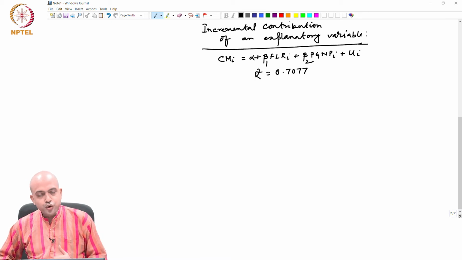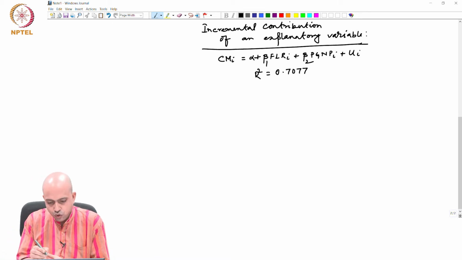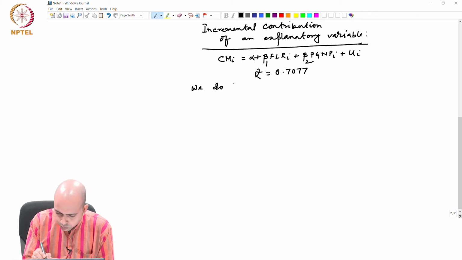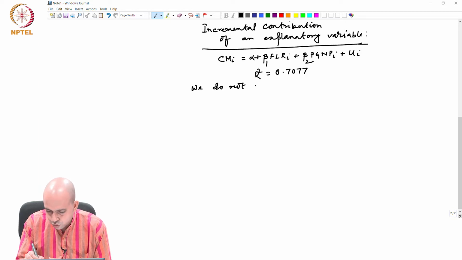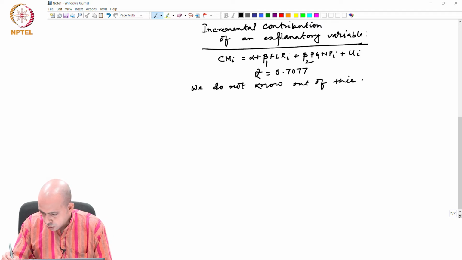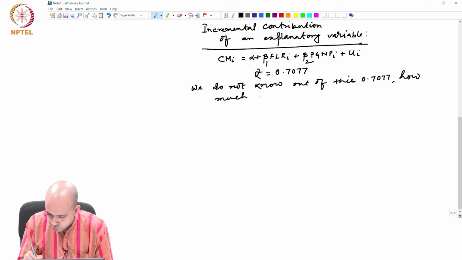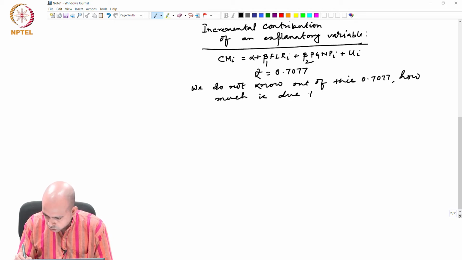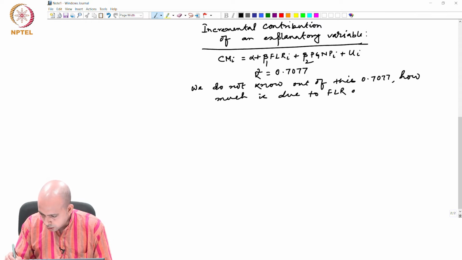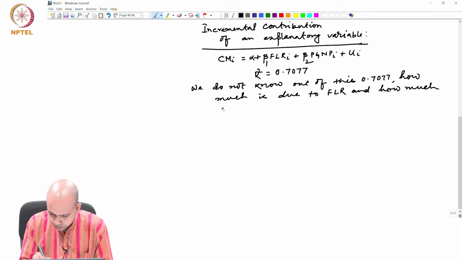Now, we do not know out of this 0.7077 how much is due to FLR and how much is due to PGNP.